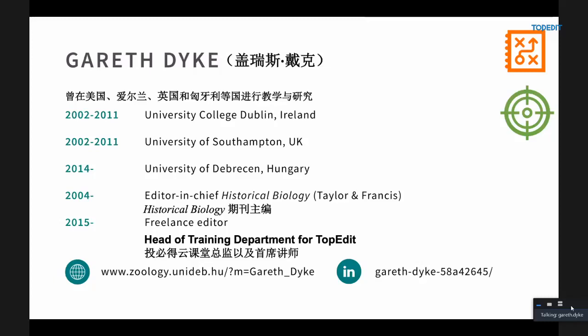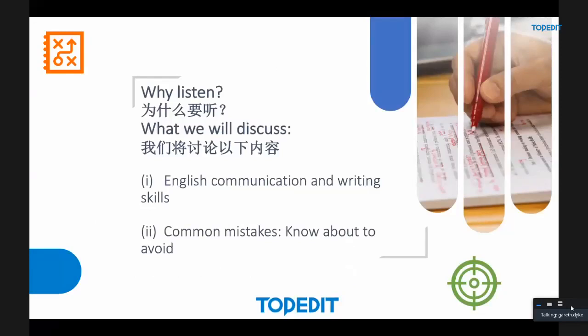At TopEdit, we edit and manage hundreds and hundreds of papers each week. So we are able to give you some insights into what makes a good paper, what is effective English communication, and also what are some of the common mistakes that non-native speakers tend to make when putting together their academic articles.